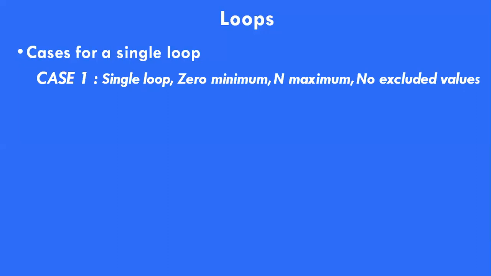So here, let us discuss case one, that is a single loop, zero minimum, where n is maximum, and no excluded values. What we do in this particular case is try to bypass the loop with 0 iterations. If we cannot, then we either have a bug or 0 is not the minimum and you have the wrong case.